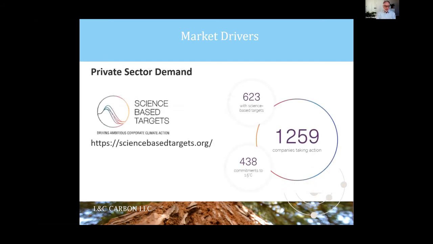An example of that is the Science-Based Targets Initiative. You can check that out at sciencebasedtargets.org. And currently, there are 1,259 companies globally that have signed up to commitments to take action.